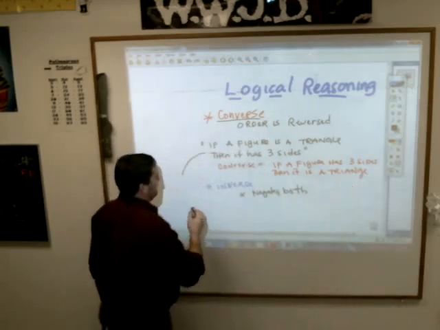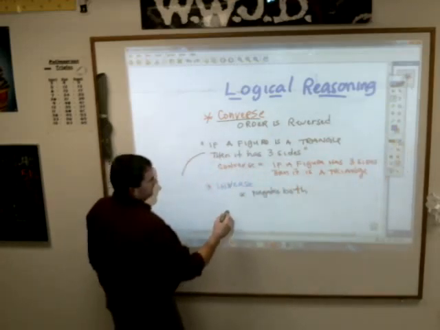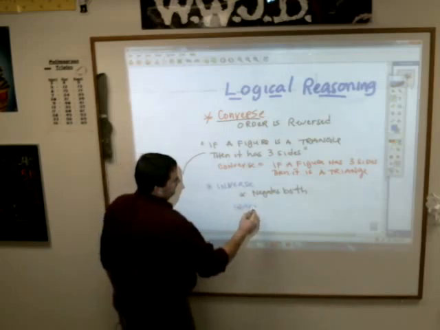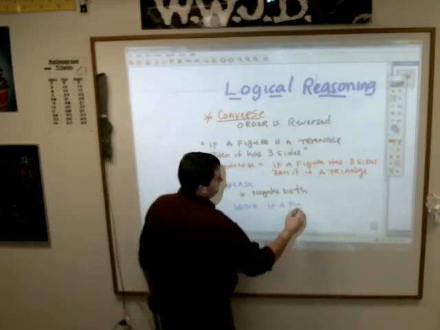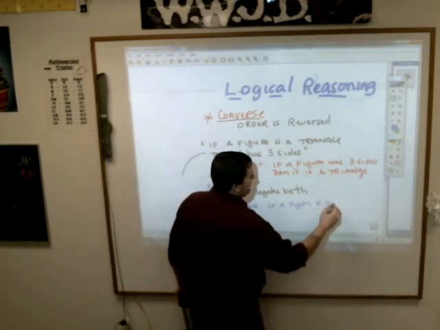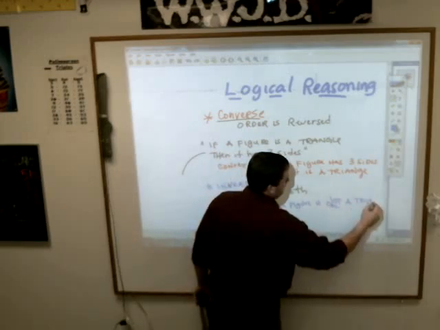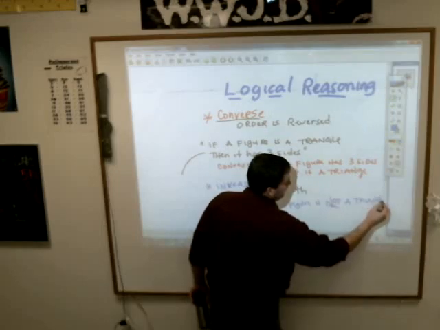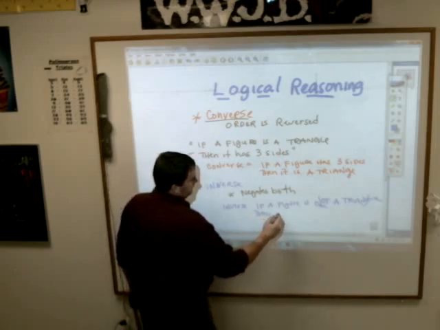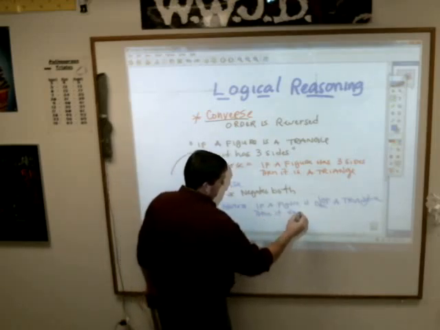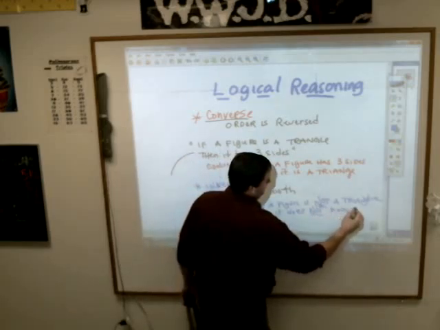So the inverse of that statement would say if a figure is not a triangle, then it does not have three sides.